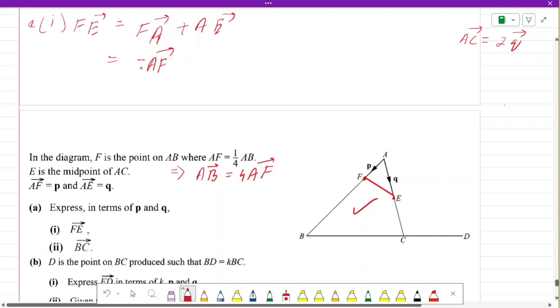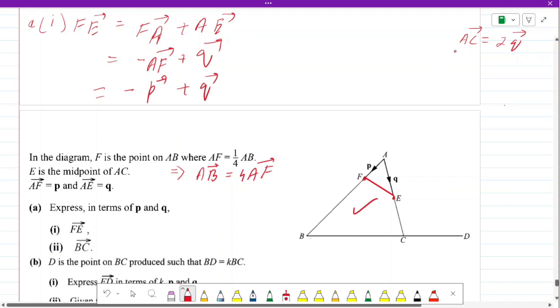Plus AE. AE is in the same direction, that is Q. Plug in the value of AF, that is P. So this is equal to minus P plus Q.